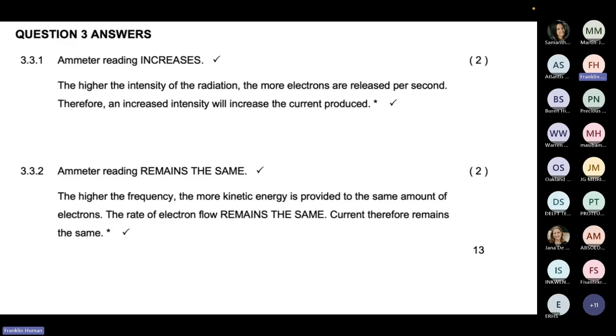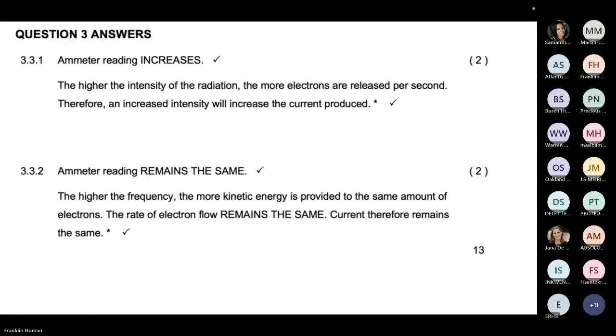If we change to a higher frequency, it means that more kinetic energy will be given to your electrons being emitted from your cathode.